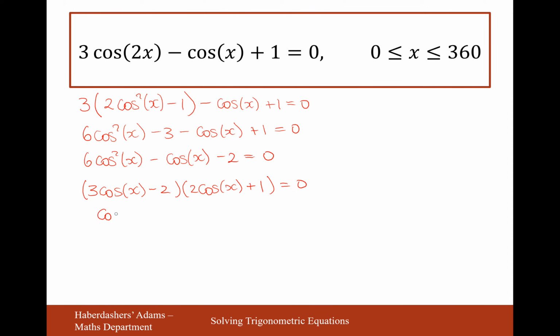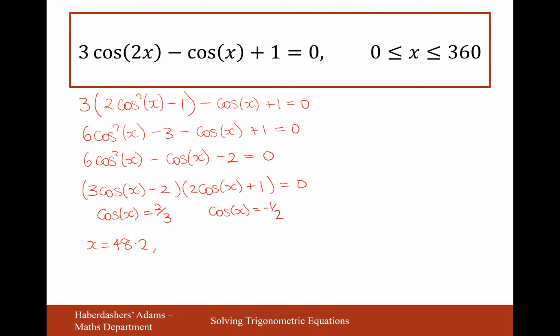So in this question I'm getting cos x equals 2/3 and cos x equals minus a half. So therefore x is equal to, let's grab the calculator, it's in degrees mode now, so cos inverse 2 divided by 3, which is 48.2.